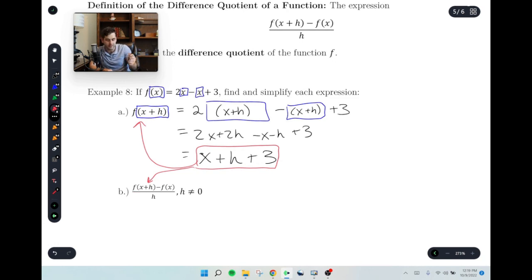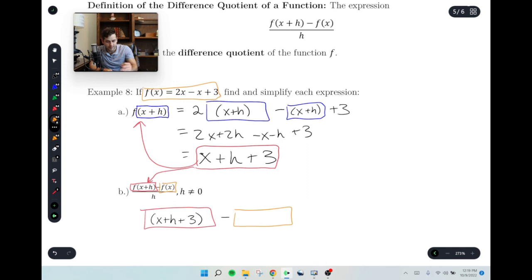I see that same thing right there. So I'm going to take that answer, red box it, and I'm plugging it in. x plus h plus 3 minus, and see this orange box? I see that somewhere way up here, right? This whole dang thing is the orange box, isn't it? So I'm going to subtract that orange box, which is 2x minus x plus 3.